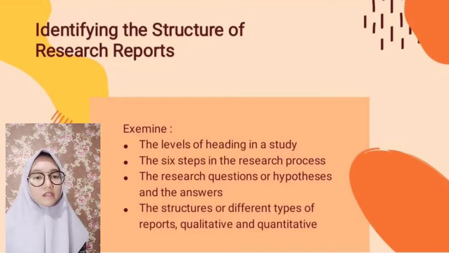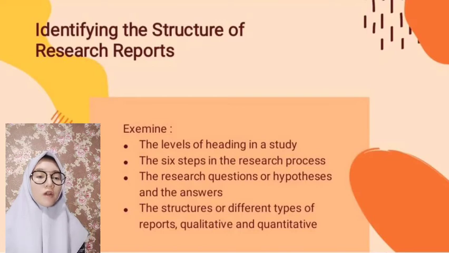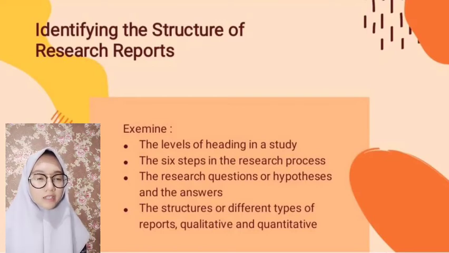Level 1 is the highest level of heading, and level 2 is a subheading of level 1, and level 3 is a subheading of level 2, and so on to level 4 and 5. The number of headings to use in a paper depends on the length and complexity of the work. And the next is the 6 steps in the research process.